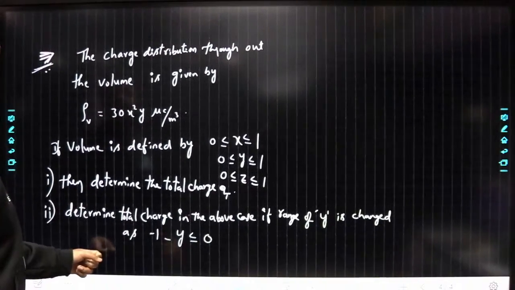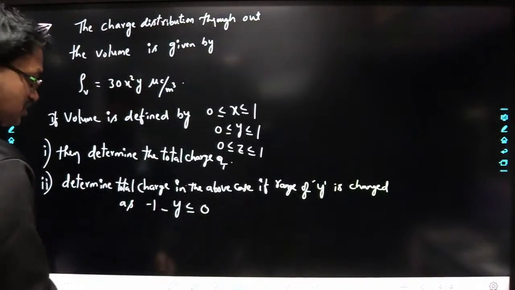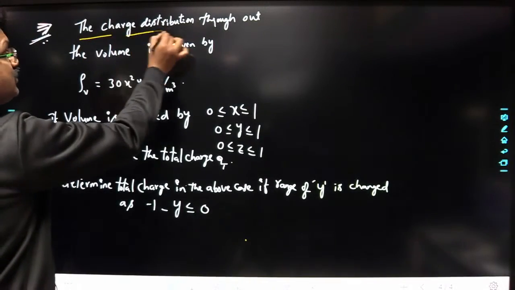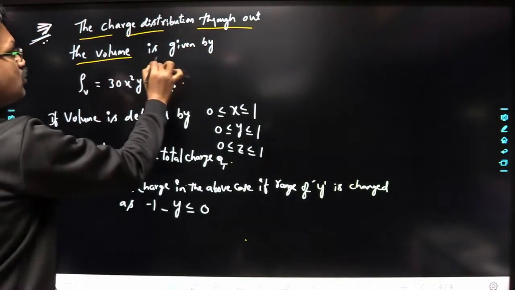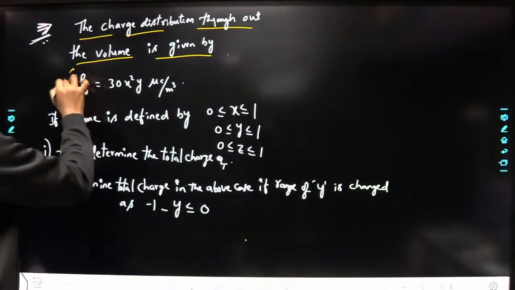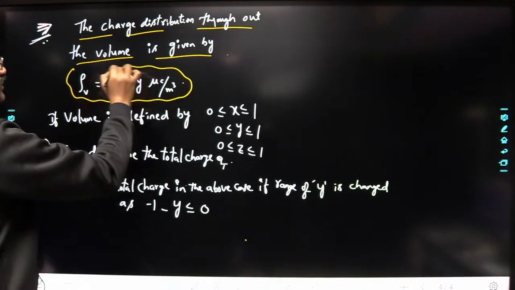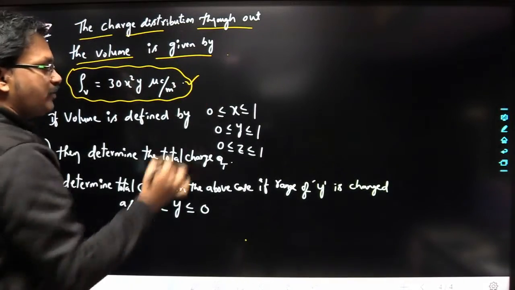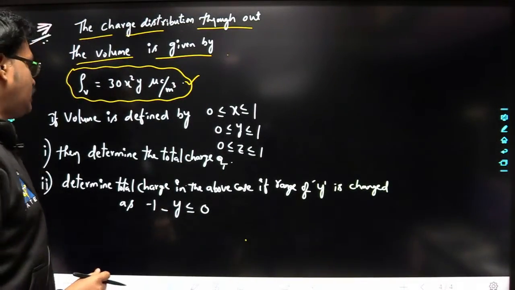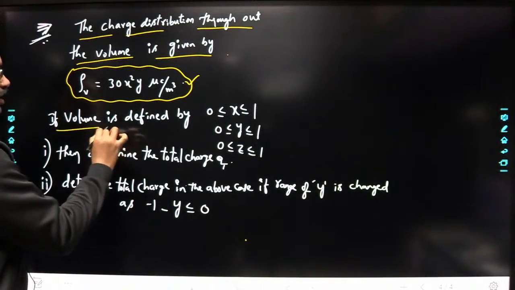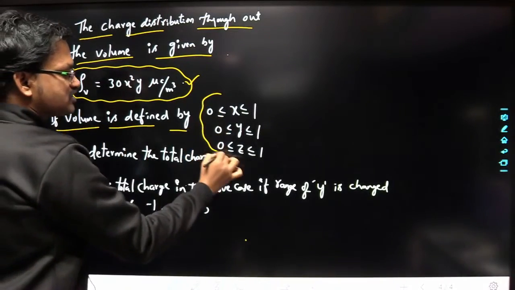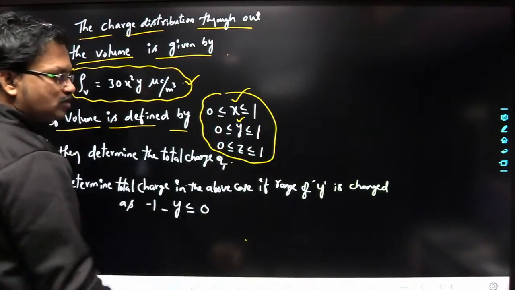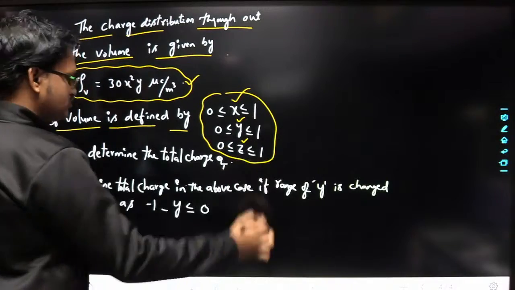What is the question they have given here? The charge distribution throughout the volume is given by rho v is equal to 30 x square y microcoulomb per meter cube, and the volume is defined by x varying from 0 to 1, y varying from 0 to 1, and z also varying from 0 to 1.